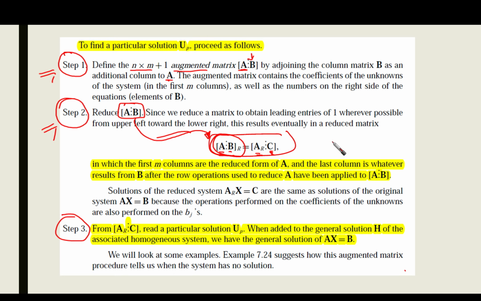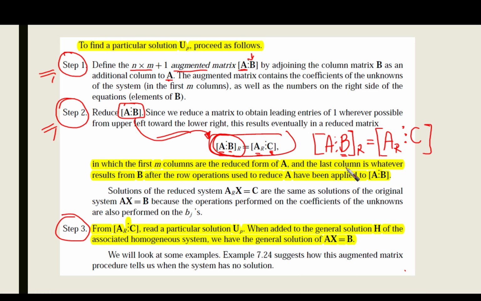So whenever we have [A, B] reduced, this means that after reduction, A is in the reduced form, and this B is going to be another vector based on the row operations that we have done. It is going to be another vector called C, for example.